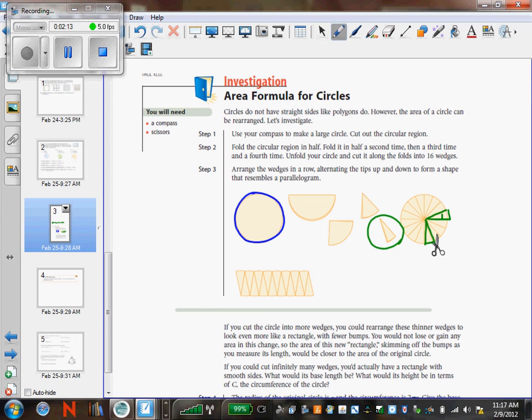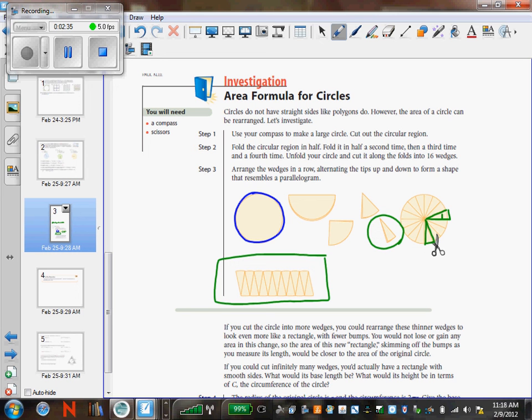Then I want you to take your pieces of pie and line them up and tape them together like this picture here. I want you to bring this with you to class tomorrow, and we'll talk about it some more. And I want to check to make sure that you did the assignment.